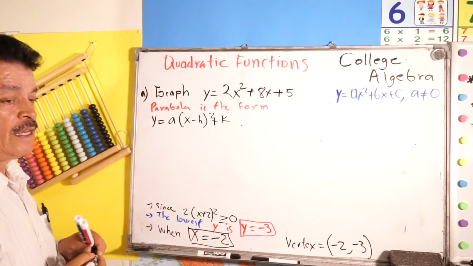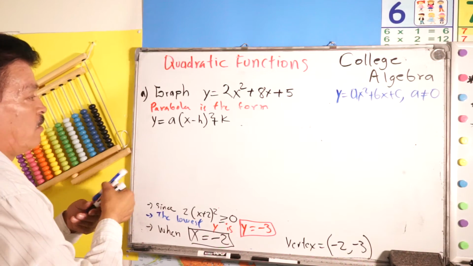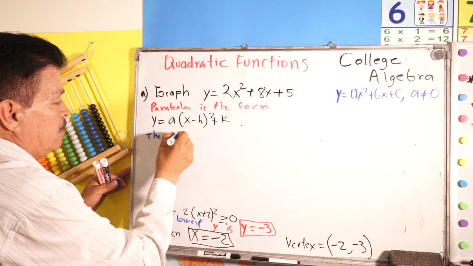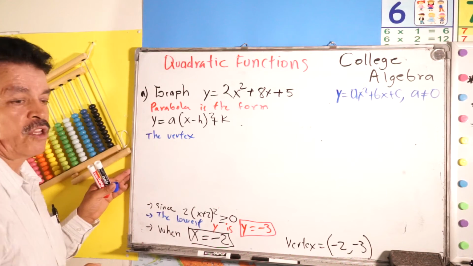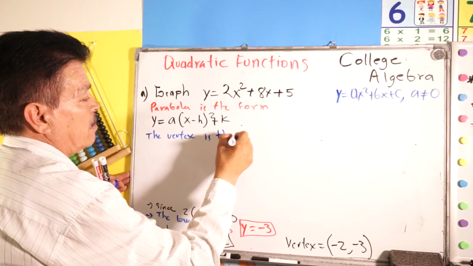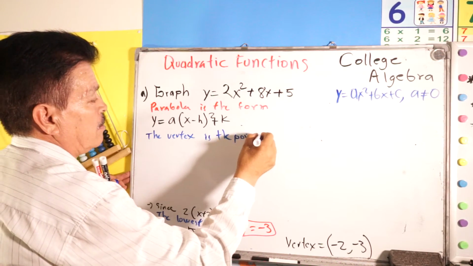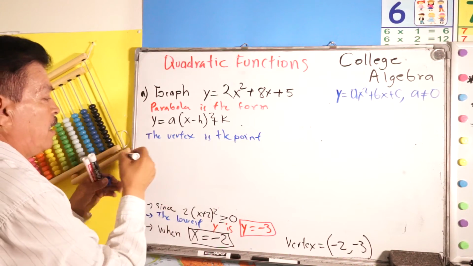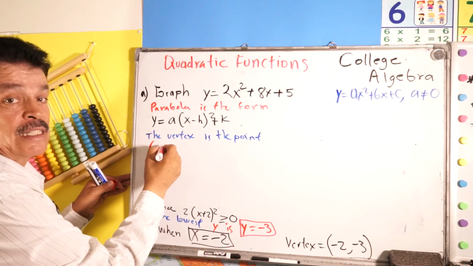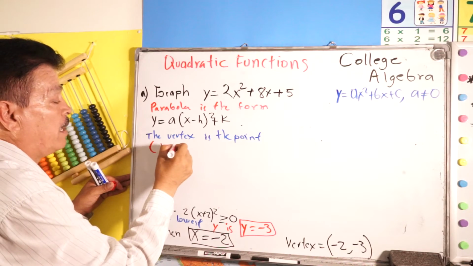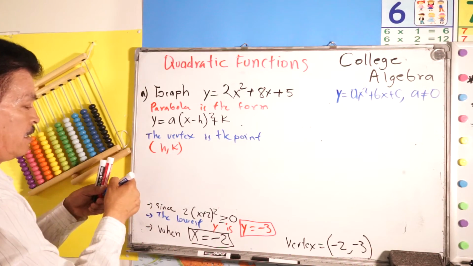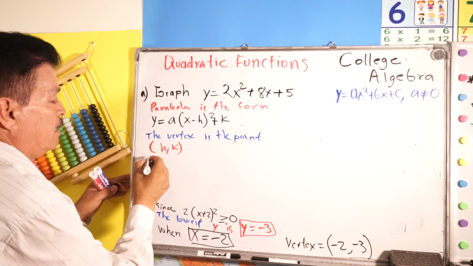The vertex is another great point. The vertex is the point (h, k). That's the vertex.